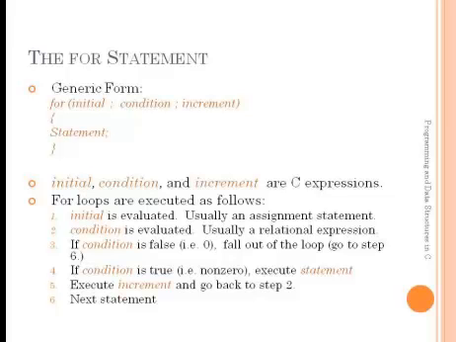Whenever it evaluates the last statement in the for loop, the control will transfer back to the first statement. Once it completes the iteration, it will evaluate the increment or decrement expression. After this, the control goes to the condition part. Here it will check the condition. If this condition fails, the control will transfer to the next statements. Otherwise, it will repeatedly execute this block until this condition fails.